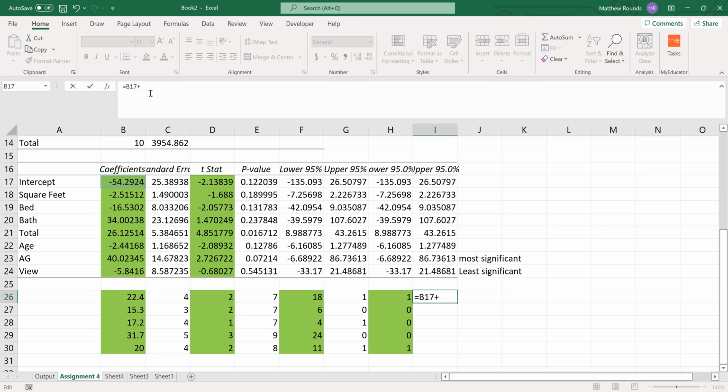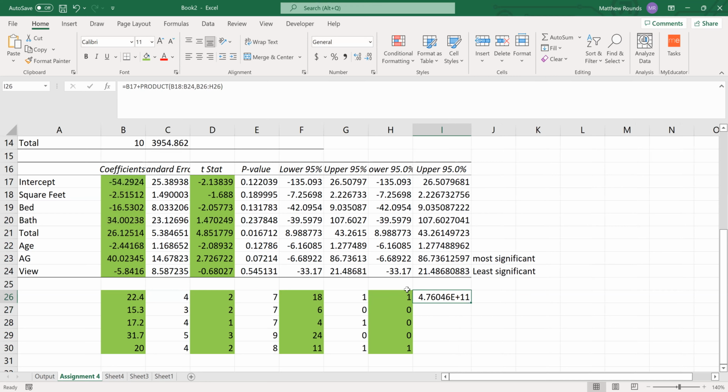I don't know if this will work. Product of this. I don't know if it'll do it because they're not in the same. Let's see if it works. Actually, I don't know if it worked or not. How would I know? I don't think it worked. Let's not do that. Okay, sorry.